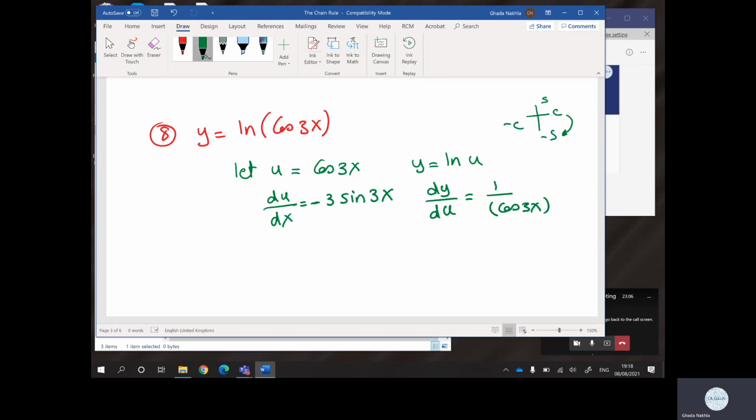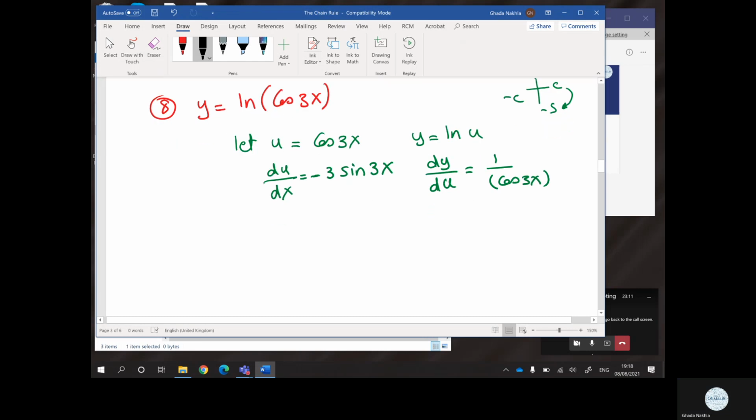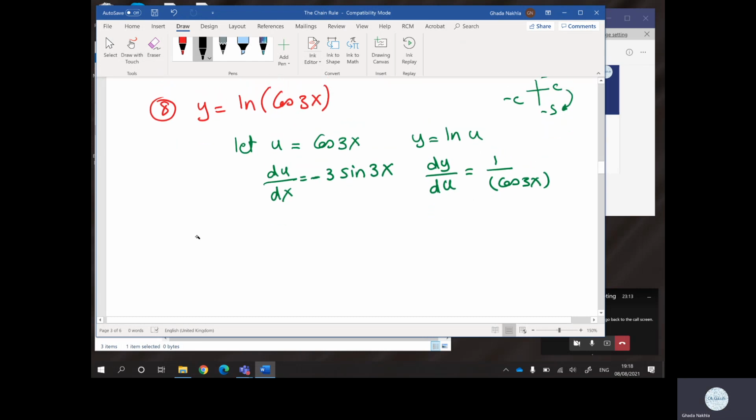Therefore, dy by dx is equal to du by dx times dy by du, which is basically those two multiplied together.